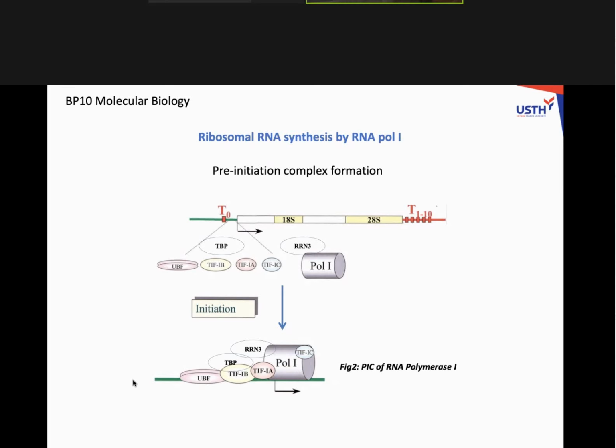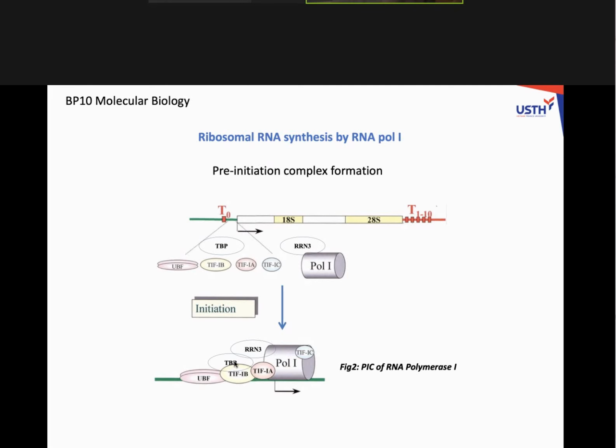So this is to give you an overview of the topology of what's happening in a gene that is transcribed by pol 1. I didn't put the legend, but we will see it later on. So among all these proteins that are forming the pre-initiation complex, there is one that we will find back in other promoters.